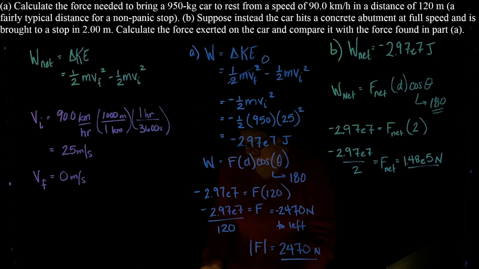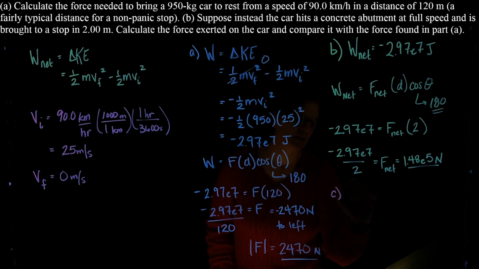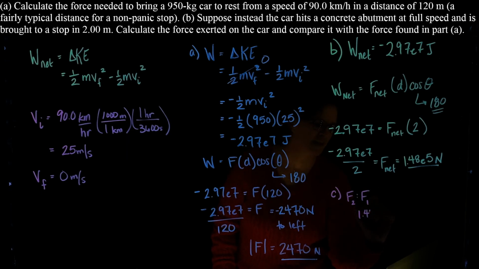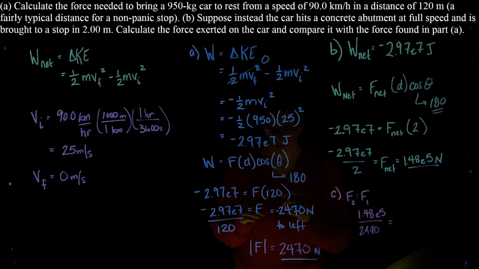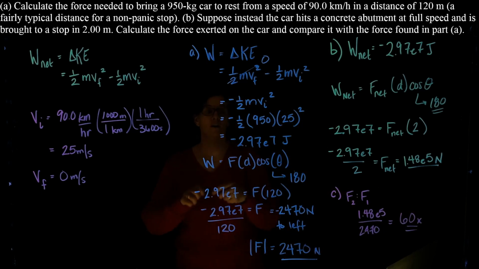For part C, force 2 relative to force 1, we find 1.48 times 10 to the 5th divided by 2470. We find that that is 60 times larger if you run into that concrete barrier.